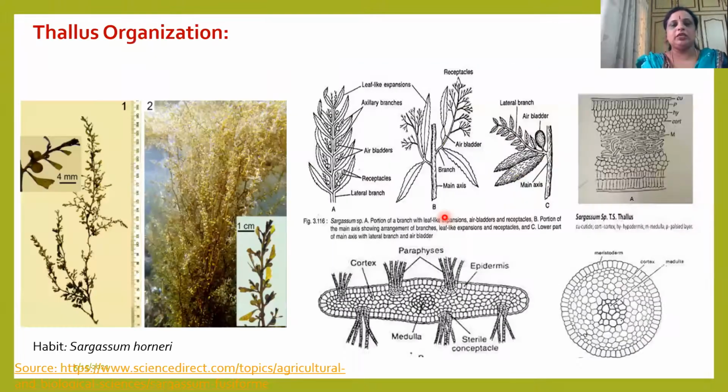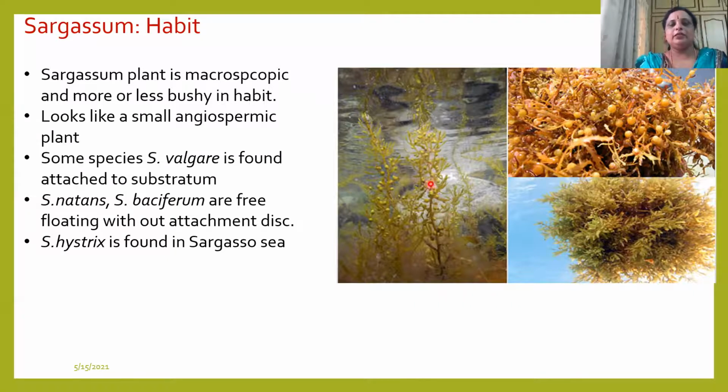You could also see the thallus. You can find the stem-like structure called the central axis, and you could see the branches. The branches here are called laterals, and the leaf-like structures are called primary lateral, secondary lateral, etc. And you could see fruit-like structures, but they are the vesicles or air bladders, which help in flotation or buoyancy.